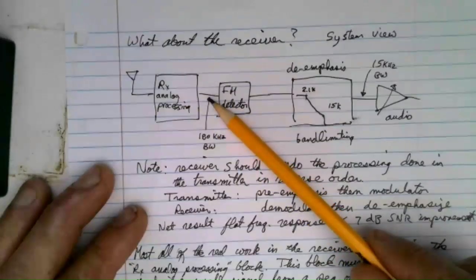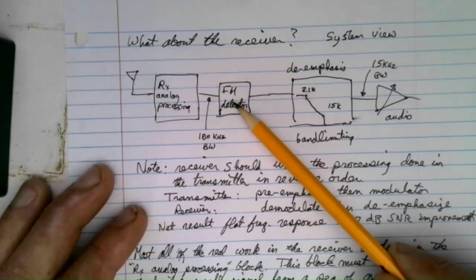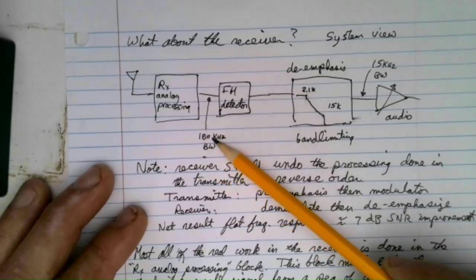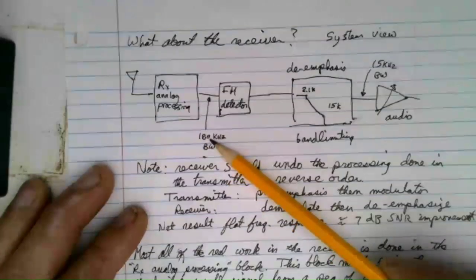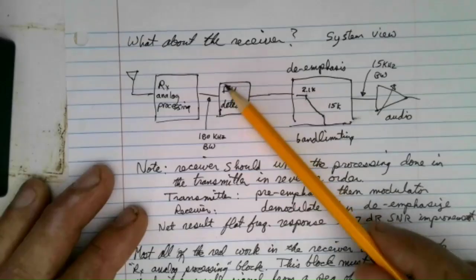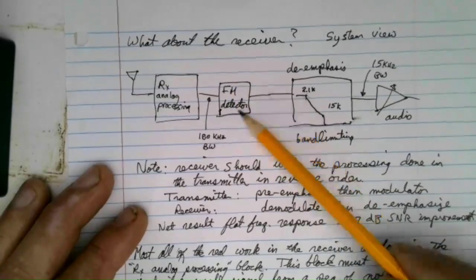Most FM receivers would be at 10.7 megahertz at this point, the IF input to the detector, about a volt peak to peak. We have selected a particular channel, a particular radio station, 180 kilohertz bandwidth. We go through our FM detector.